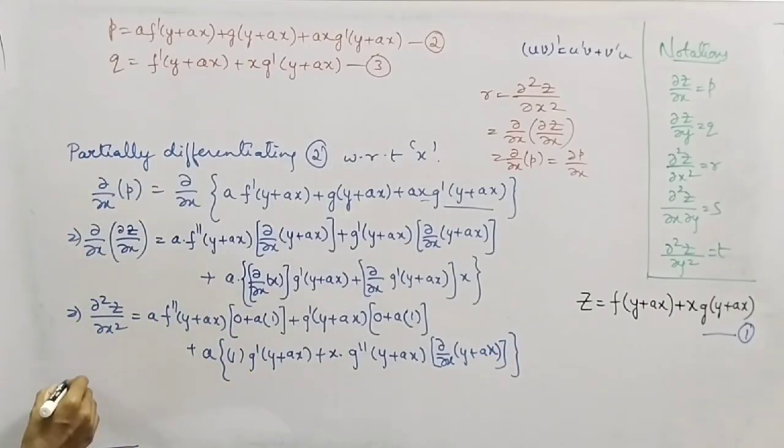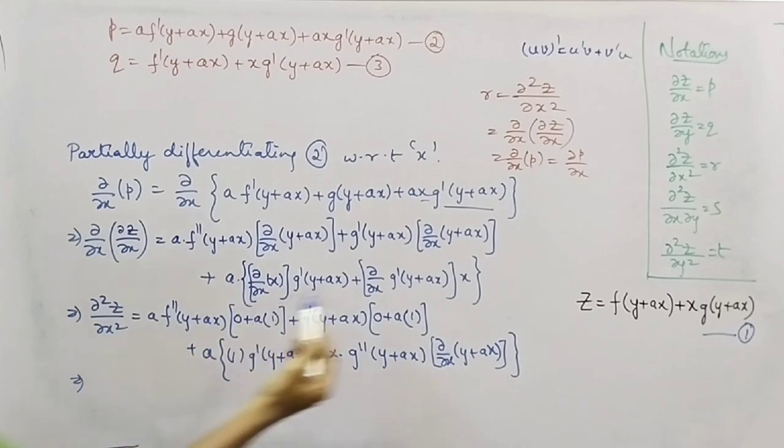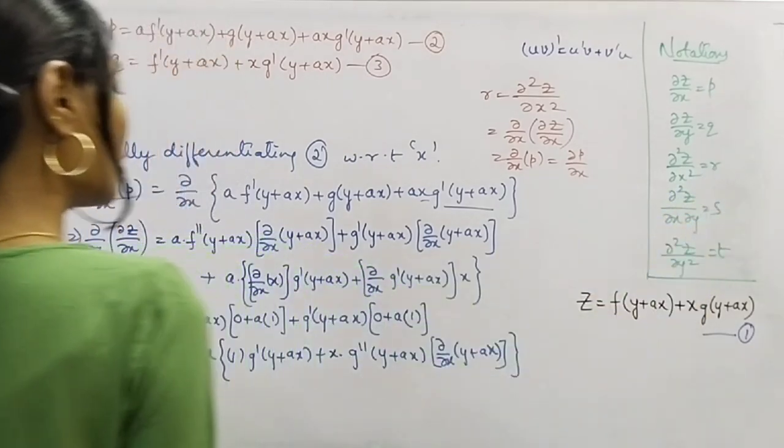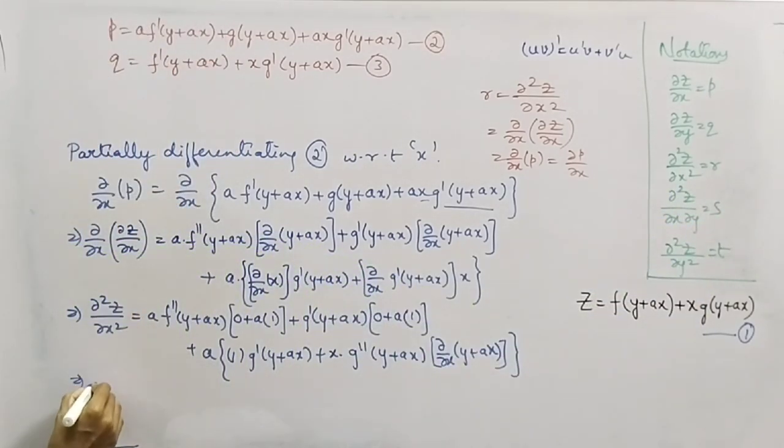Okay, since we have the notation dou square z by dou x square equal to r, we'll replace it by r.